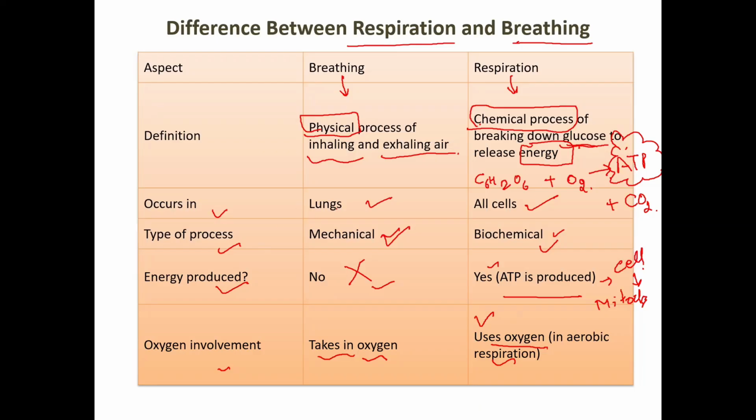The kind of chemical process that takes place in the presence of oxygen is called aerobic, whereas the chemical reaction that takes place without oxygen is called anaerobic. Anaerobic respiration is performed by some bacteria and microorganisms.